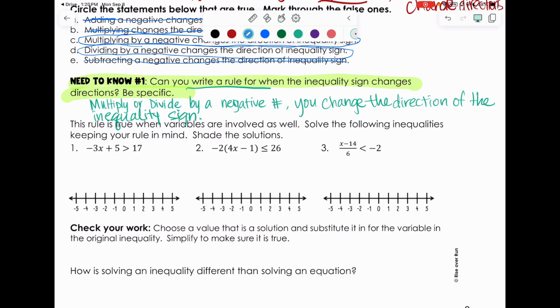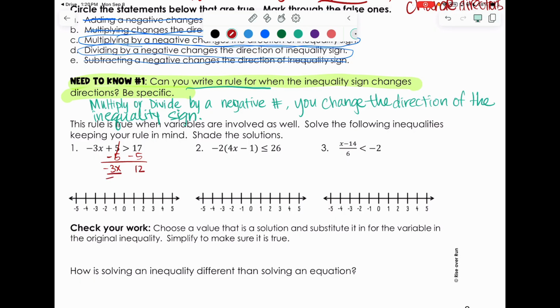Here we go. Number 1. Who's got number 1 done? Nobody? Come on, I saw people. William, tell me, what'd you do? Subtract 5 on both sides, and then you divide it by -3 on both sides. Good. Ooh, tricky.